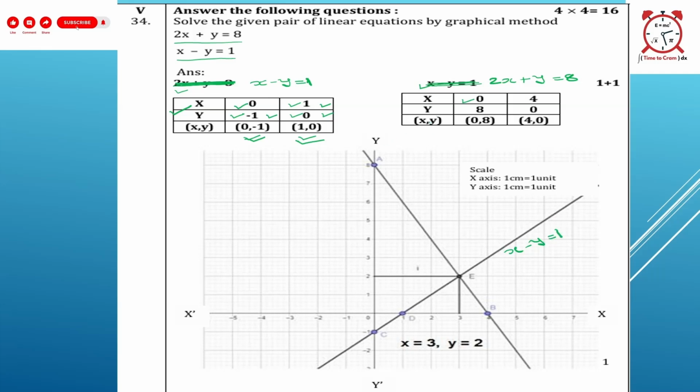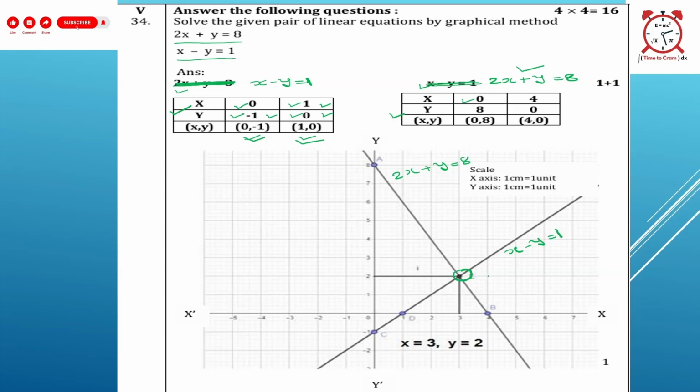Similarly, if we plot the graph of 2x plus y equal to 8, making the solution table, then we will have this line 2x plus y equal to 8. Both the lines intersect at this point, and this is the intersection point of both the lines.